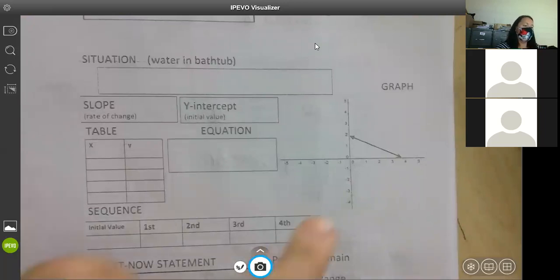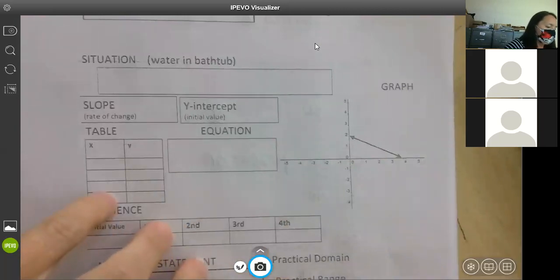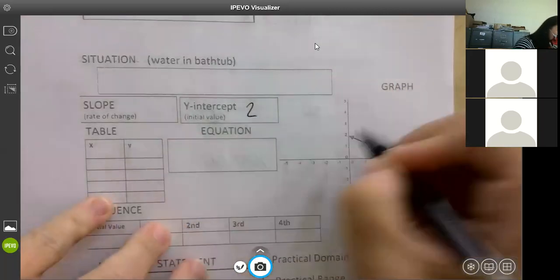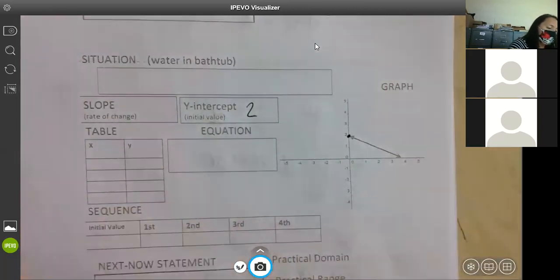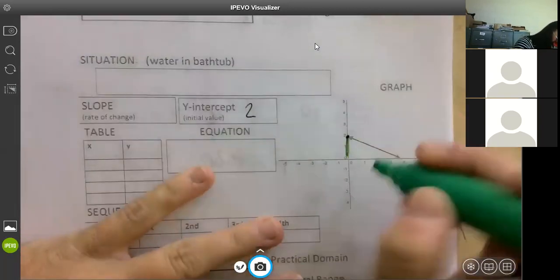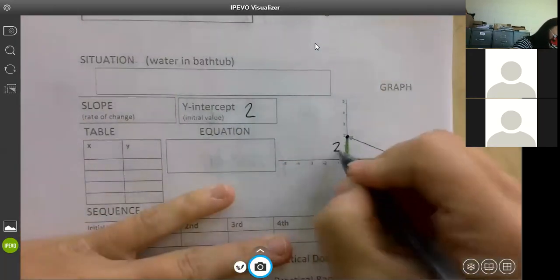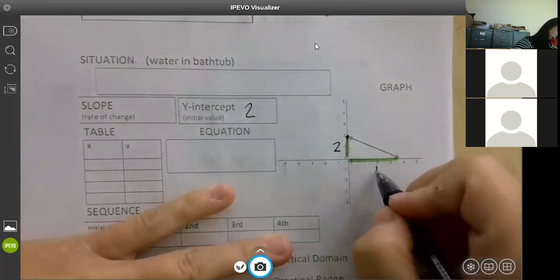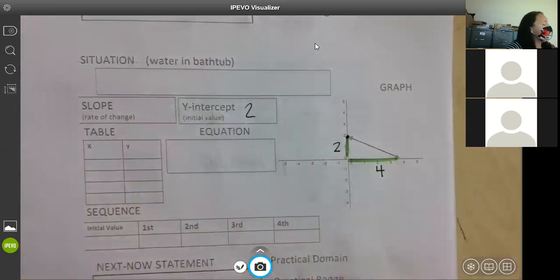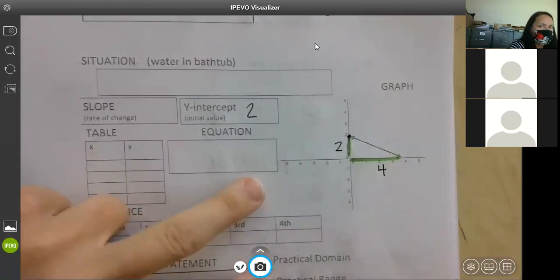All right, so look at this graph. Where do we start? 2. 2, that's the y-intercept right here. Remember to find our slope we do our rise over run. Our rise is 2. Our run is 4. Is this a positive or a negative graph?